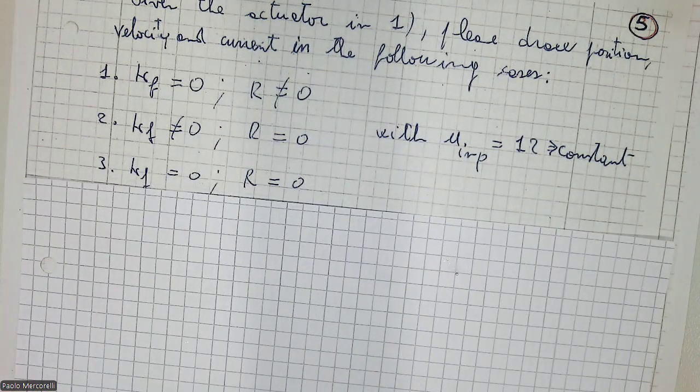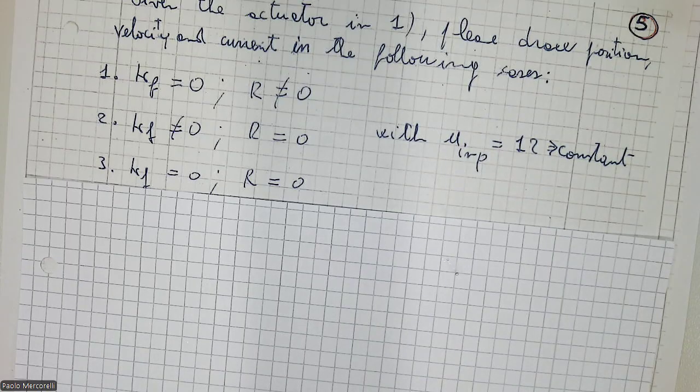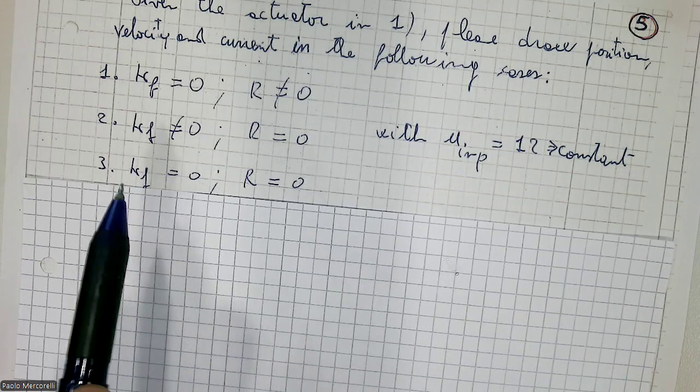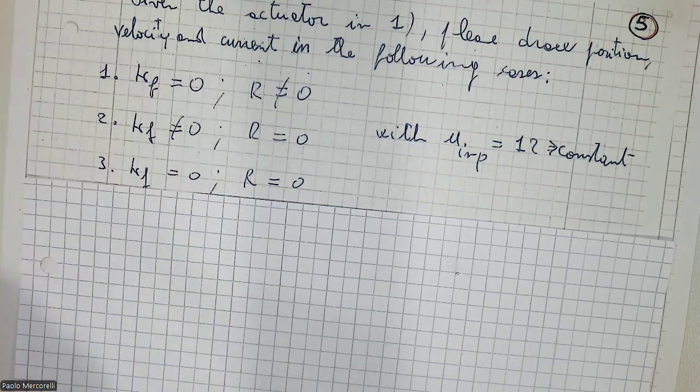First of all, why is it interesting or important to analyze these three cases? Of course, in the case of constant voltage, you input, for instance, equal 12. Very important concept. It's interesting because very often, not always, it could happen that we try to reduce the friction. Remember, this is the friction. Why that? Because the friction basically represents losses.